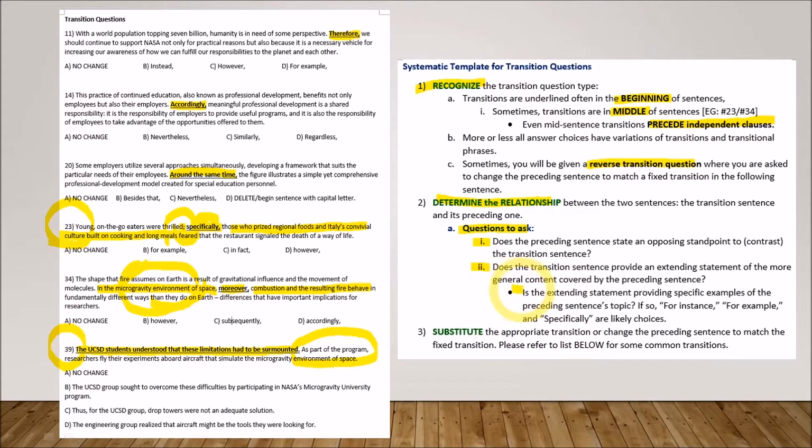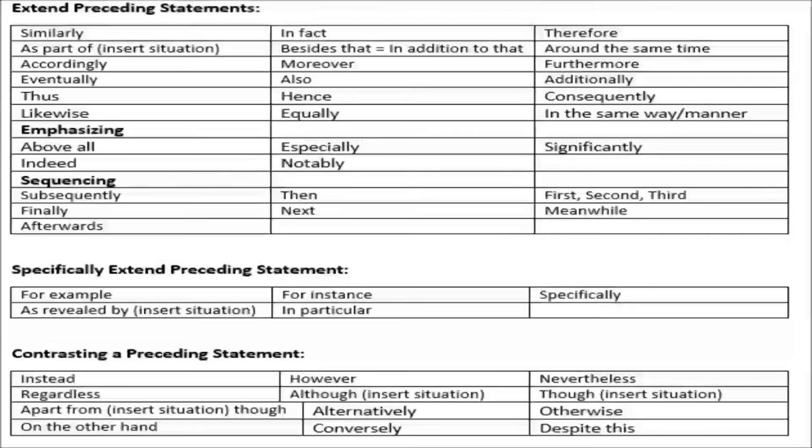Well, if so, is the extending statement providing specific examples of the preceding sentence's topic? Depending on your answer, refer to this list here to use transitions that extend the preceding statement, specifically extend the preceding statement, or connect a contradictory preceding statement.